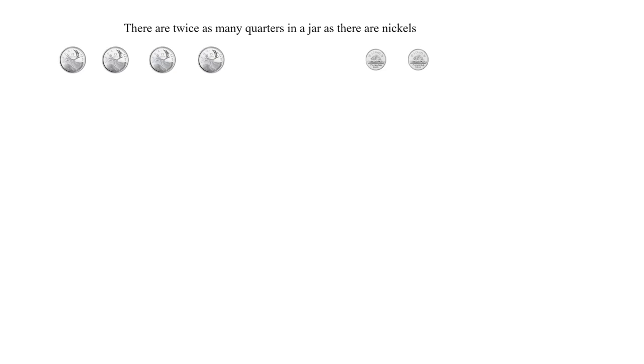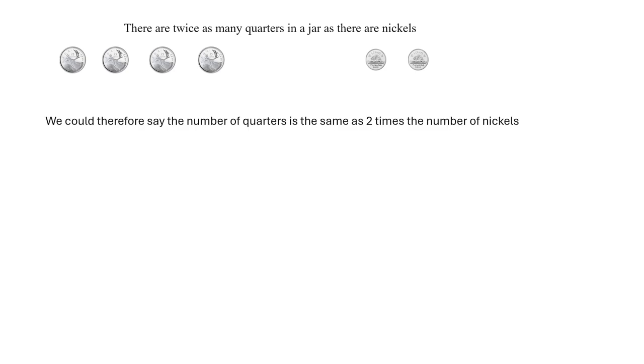So here we go, a little picture diagram of twice as many quarters in a jar as there are nickels. 4 quarters, 2 nickels. We could therefore say the number of quarters is the same as 2 times the number of nickels. In these equations, we want to get things equal.